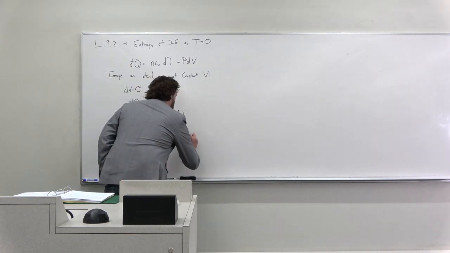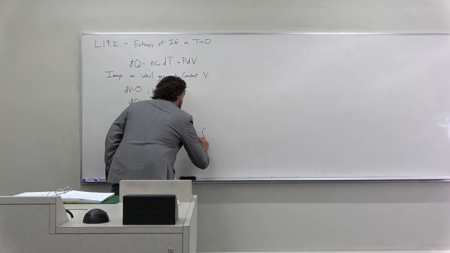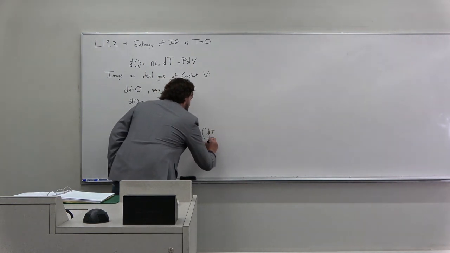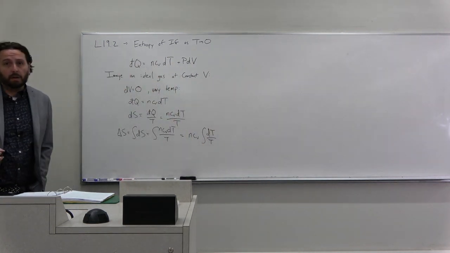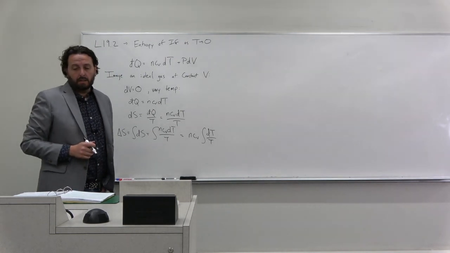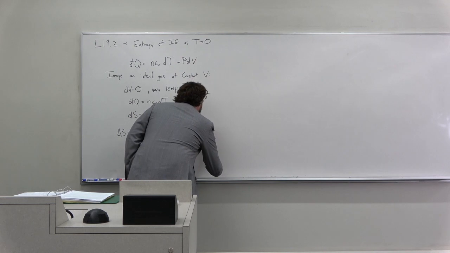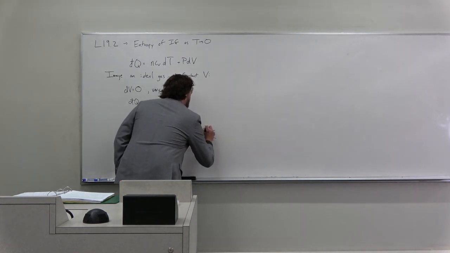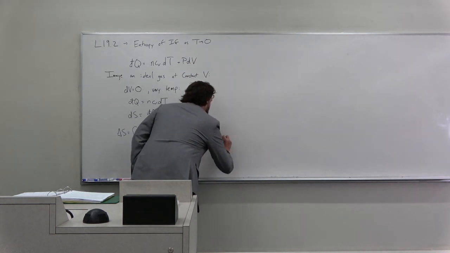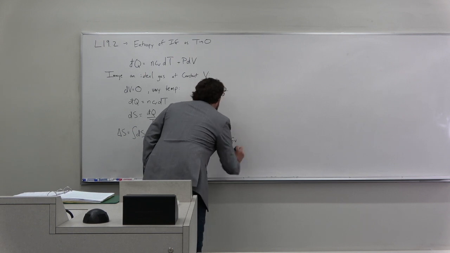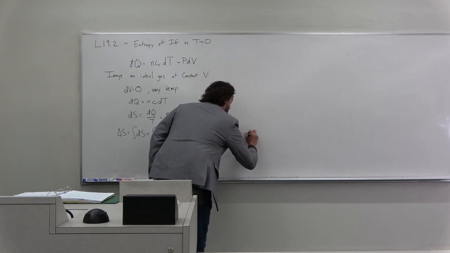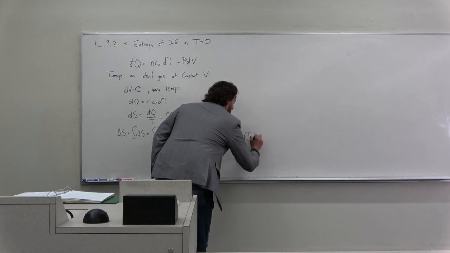So it's N CV times the integral of dT over T. We all know how to do that integral, it's just going to be the logarithm. So the integral from T0 to TF is N CV log TF over T0.